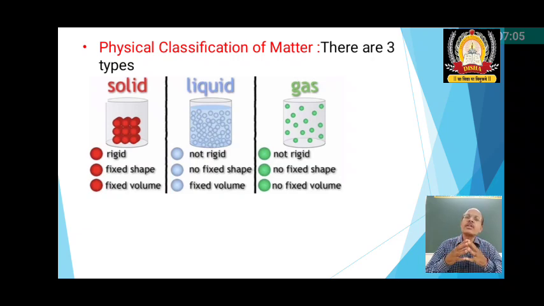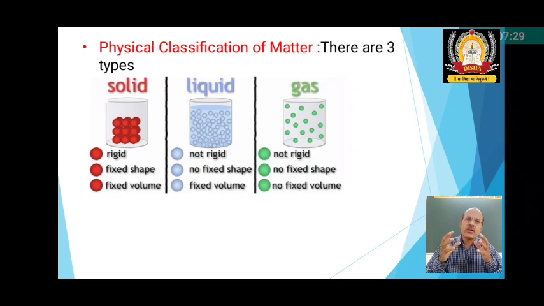Okay, so that is about the solids. And if you go with the liquids, here liquids are not rigid actually, and they do not have a fixed shape, but they have a fixed volume. What is the reason? Here the molecules are a little bit far away from one another.